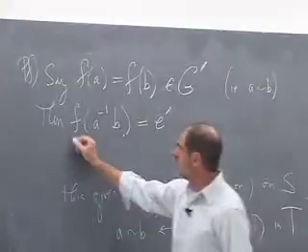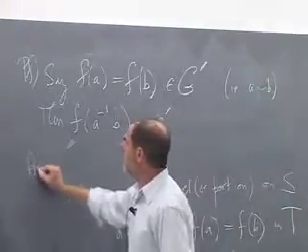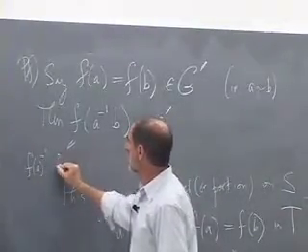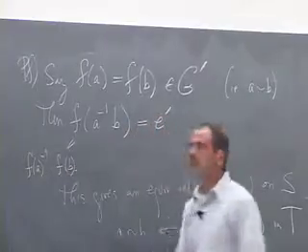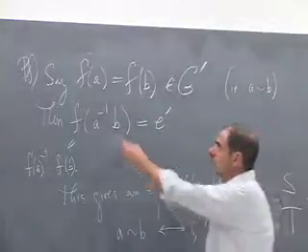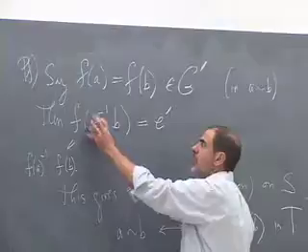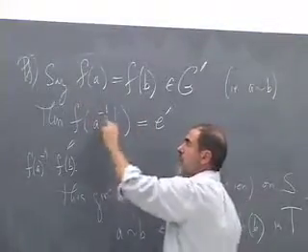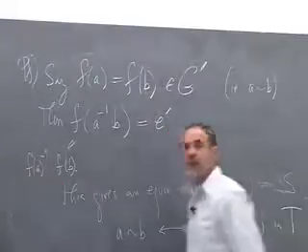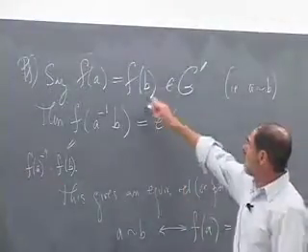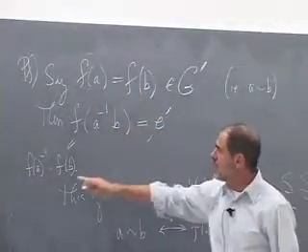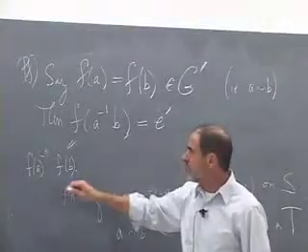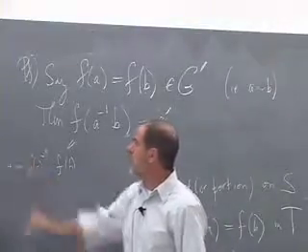Because this expression is the same as f of a inverse times f of b. Remember, when we have a group homomorphism, we can write this as the product of f of a inverse times f of b. But f of a inverse is the inverse of f of a, and f of a was assumed to be equal to f of b. So if I multiply by f of a inverse, this is equal to e prime.